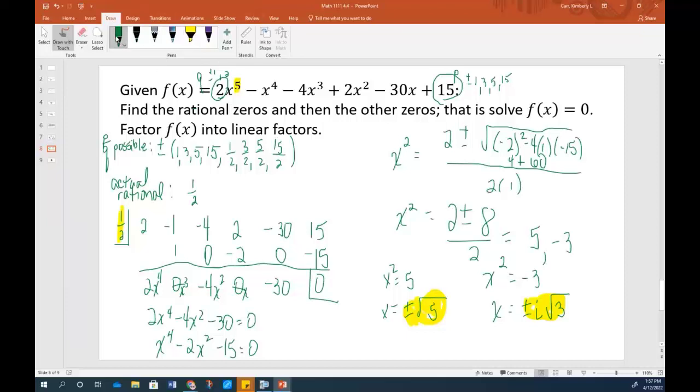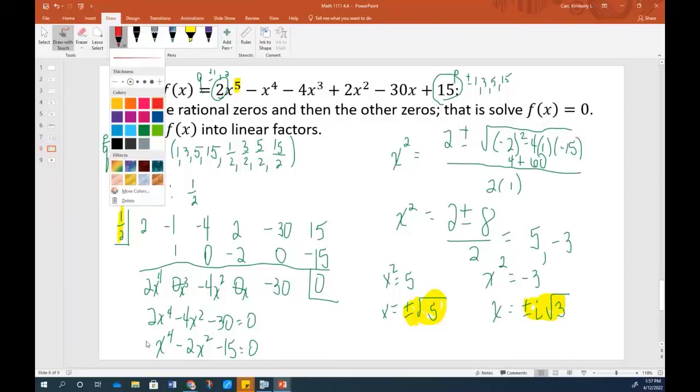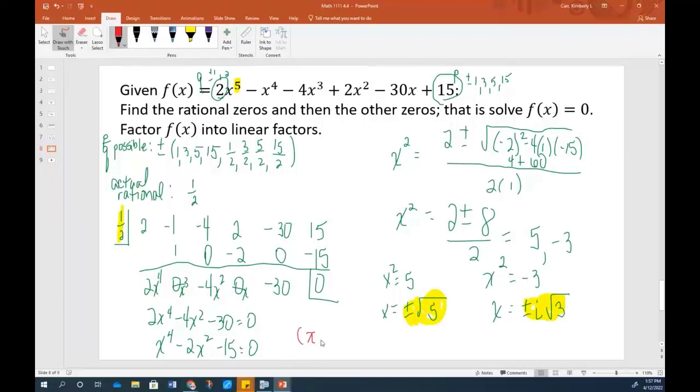To write my answer in linear factors, x minus the root, x minus the root, x minus the root, I would say x minus 1/2, but I know that that 2 needs to swing up to the front. Bottom goes up to the front.